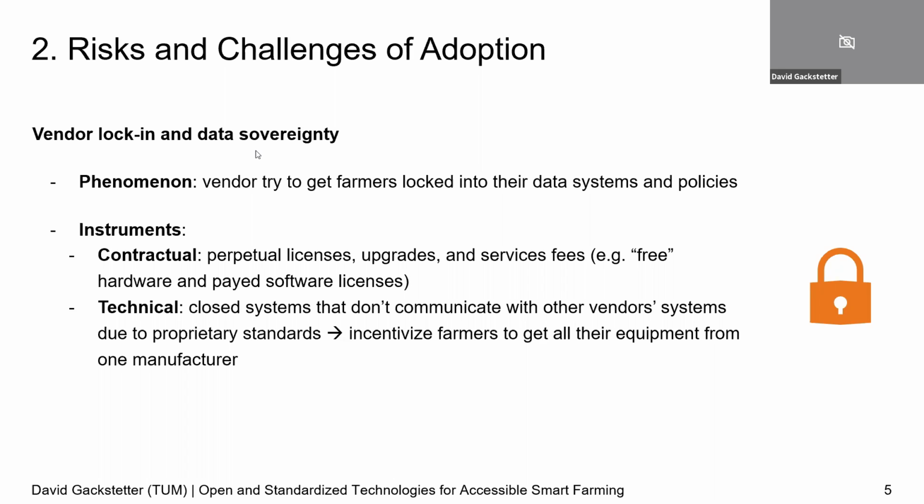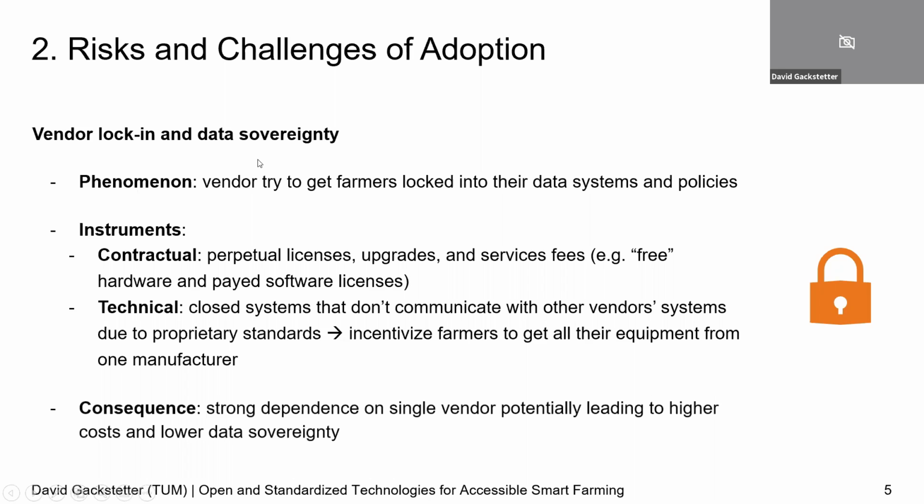It can also be technical, and this is more the focus of this presentation. So we talk about closed systems where a vendor's system doesn't allow communication across these borders with other manufacturers' products. And of course, the consequence is clear.